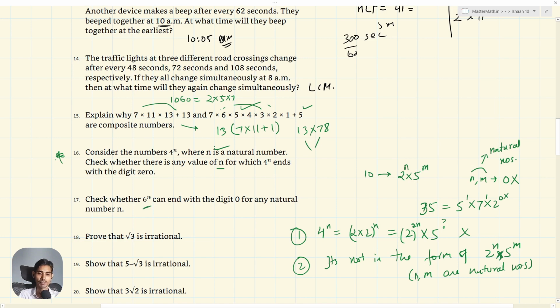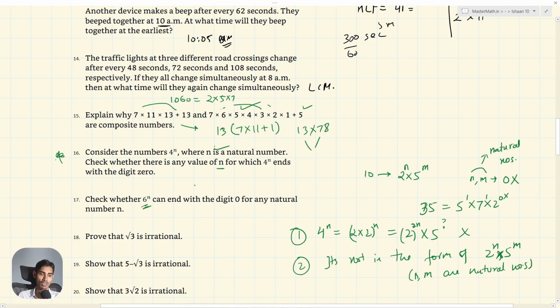Last question for today. No, sir, because its factors do not include 5. You require both of them because they are natural numbers. 5 is not there. But we have to say it's not in the form of 2 power n and 5 power m, where n and m are natural numbers.